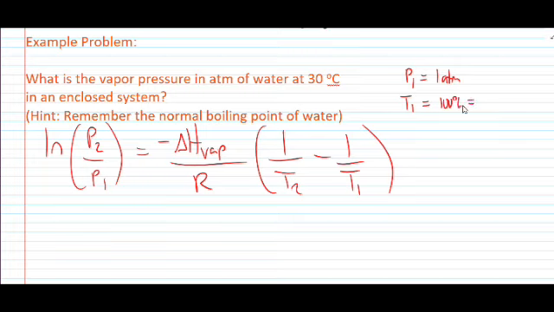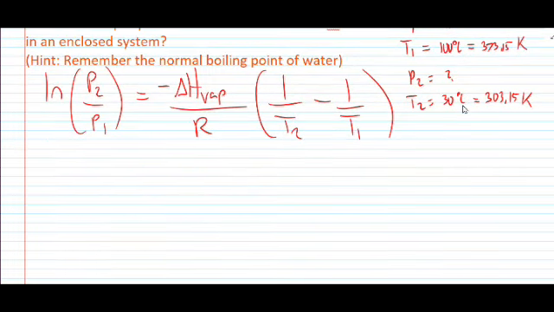If we convert that to Kelvin, adding 273.15 to 100 gives us 373.15 Kelvin. We'll solve for P2, and temperature 2 was 30 degrees Celsius. Add 273.15, that's 303.15 Kelvin. So now we're ready to plug everything in and get our final answer.